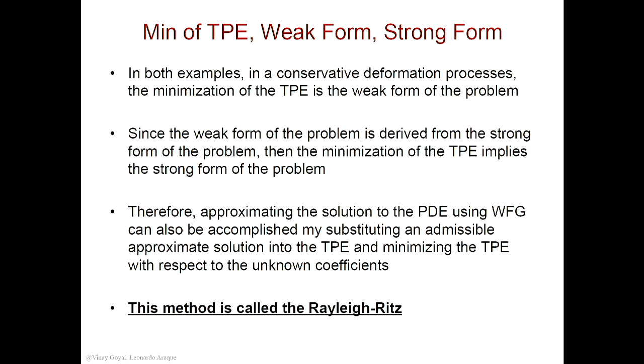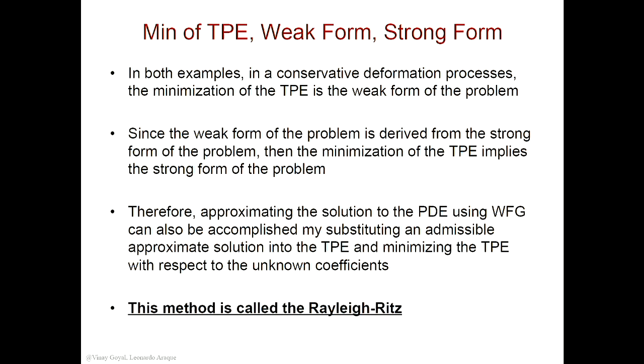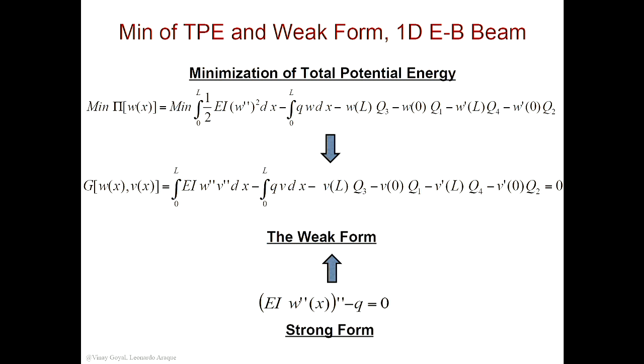Therefore, if I were to approximate the solution to the partial differential equation, to this equation right here, which in this case is an ordinary differential equation, then I'm basically minimizing this total potential energy. And so, if I approximate the solution using the weak form Galerkin, I get an approximate solution to this ordinary differential equation.